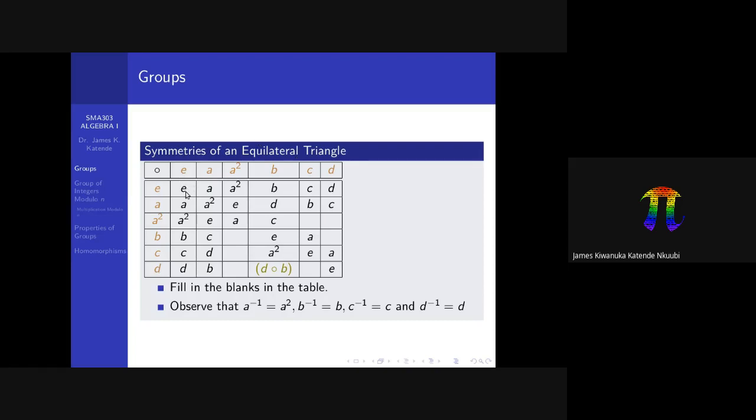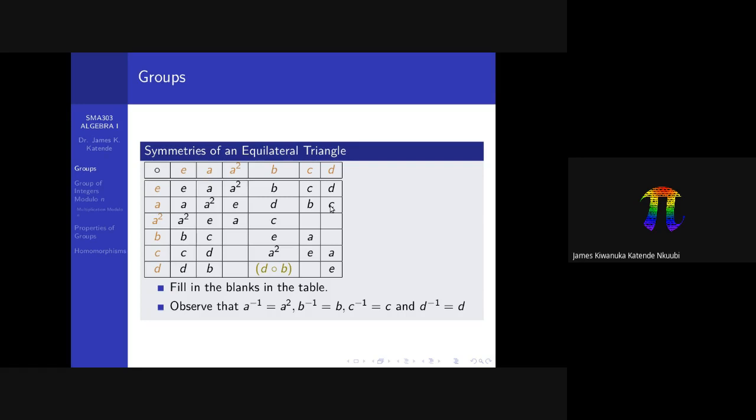What you need is only these ones, and you will notice that there is no element that will appear twice here, and there's no element that will appear twice along that row. That is true for all the others. If you start from here going forward, there's no element that will appear twice.